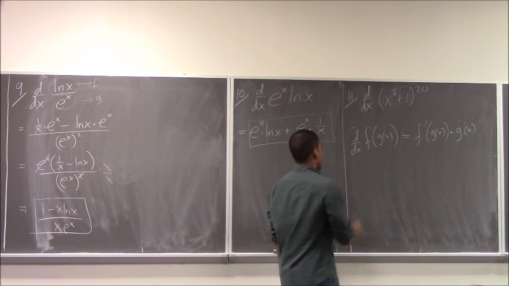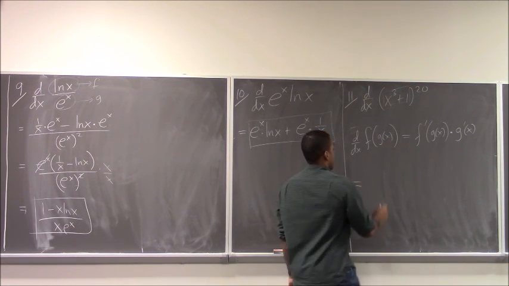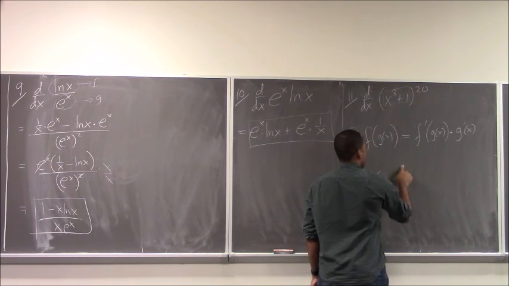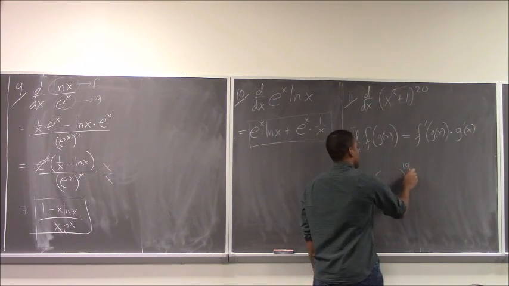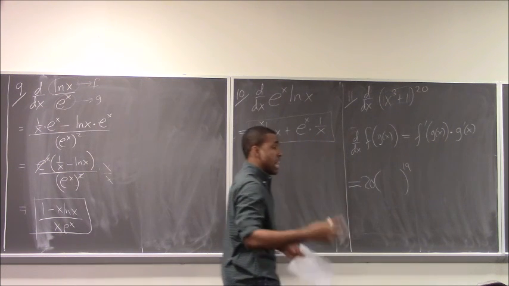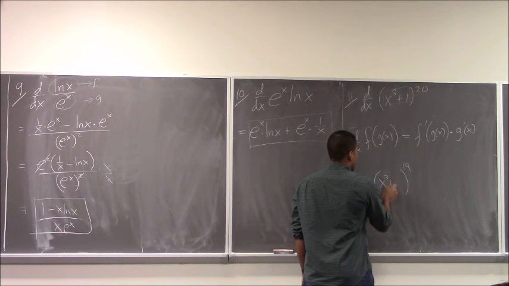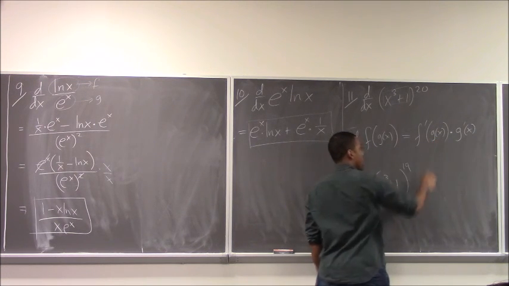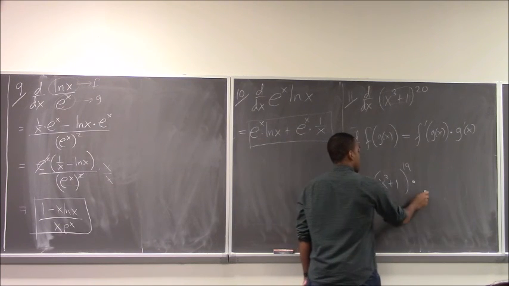So for this guy here, I think of this as just something to the 20th, and then I differentiate the outside, so I'm bringing the 20 down and leaving that out here. So that's the derivative of the outer function, which is the power function. Leave the inside alone. This guy here is my g of x, the original. But then I multiply by the derivative of what's inside.